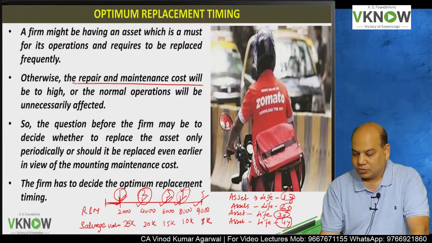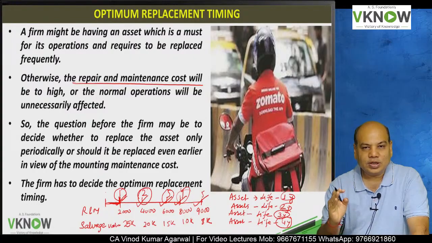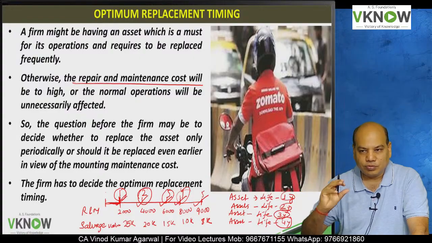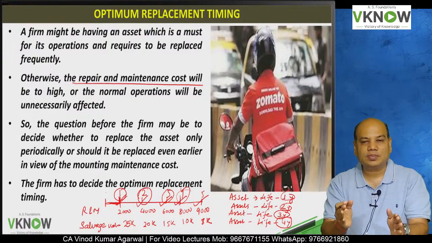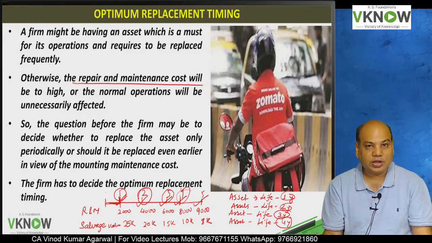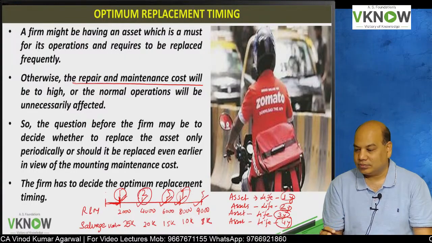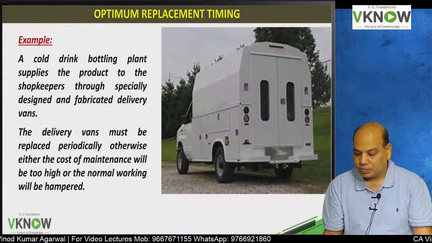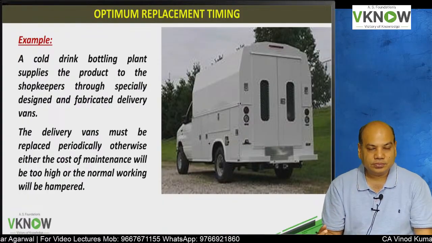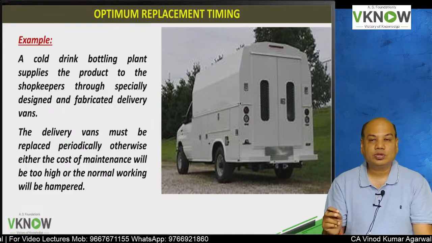The answer is, in order to compare whether to replace at the end of year 1 or 2 or 3 or 4, you have to visualize as if we are comparing asset with different life, like the previous question we did in the classroom. Purposefully we did so that you will have a background ready. So compute their EAC or EAB, and if the objective is cost minimization, choose the lowest option.